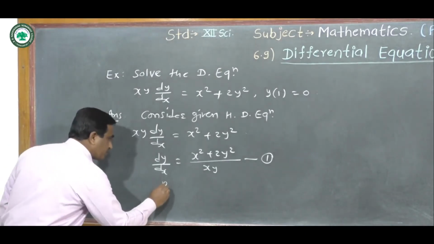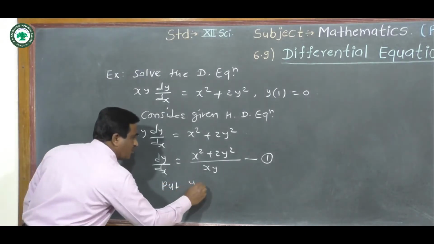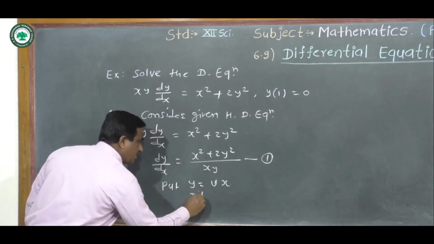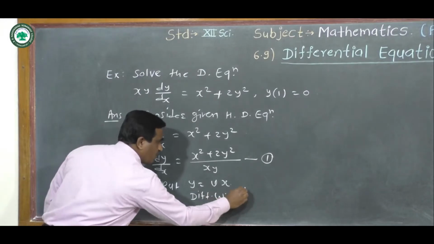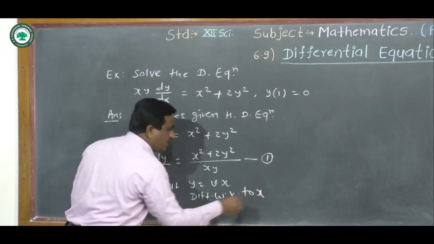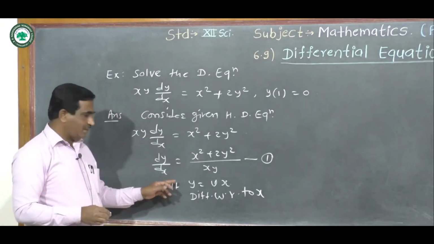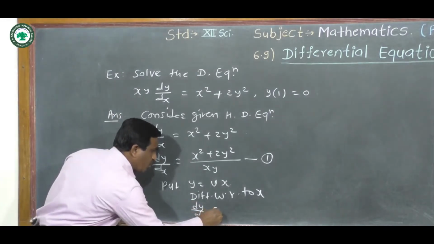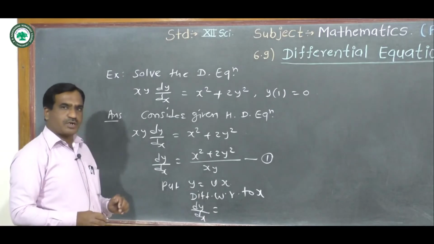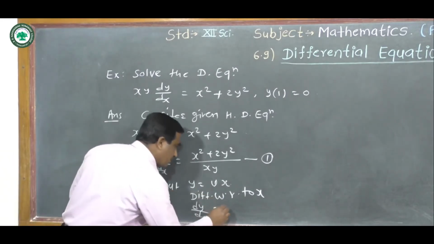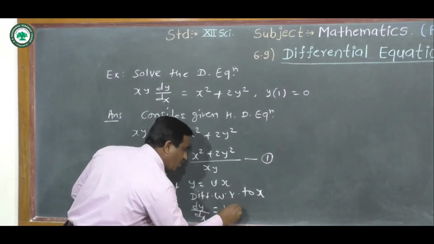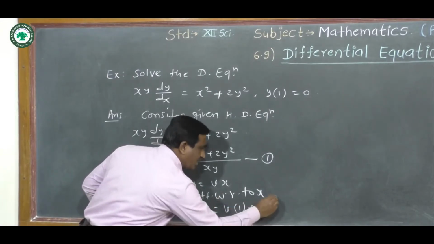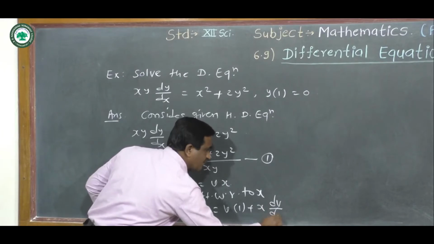Put y is equal to v into x. Differentiate this equation with respect to x. Therefore the derivative of y is dy by dx, and for the derivative of v into x we use the product rule. First function v as it is, derivative of x is 1, plus x as it is, derivative of v is dv by dx.